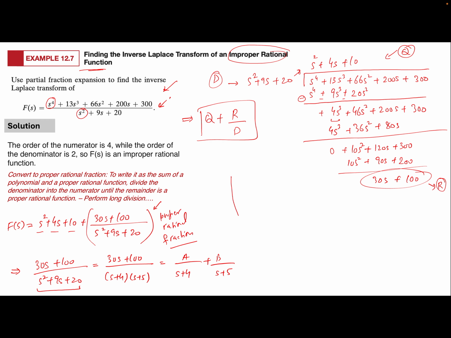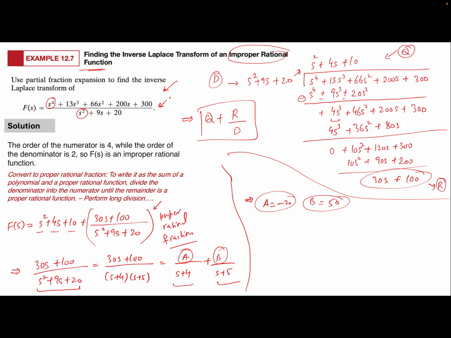Now, I'm not going to do this, but you have done this so many times by now. In order to find a, multiply both sides by s + 4, evaluate at s equals minus 4. In order to find b, multiply both sides by s + 5, evaluate at s equals minus 5. Once you do that, the value of a comes out to be minus 20, and the value of b comes out to be 50.